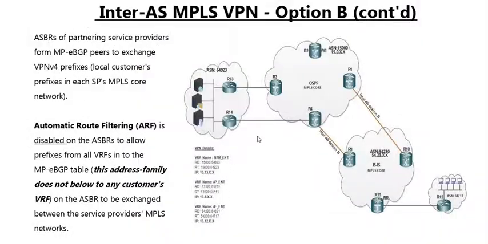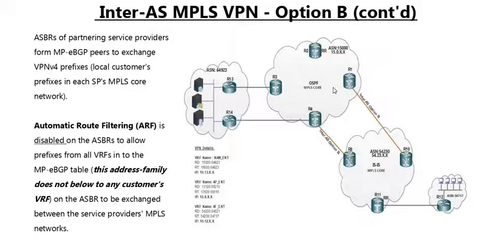So the difference between option B and option A is in the configuration that you have on the ASBR, particularly, because in this scenario you will be configuring something more special, which is the automatic route filtering feature that needs to be disabled on the ASBRs.